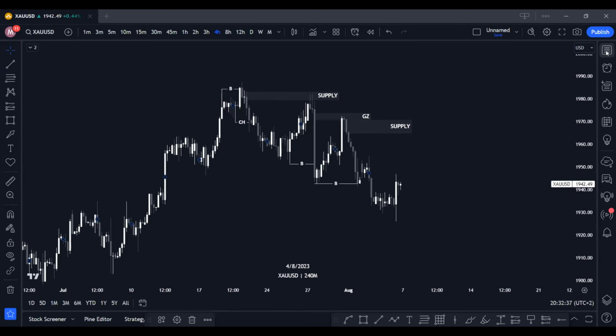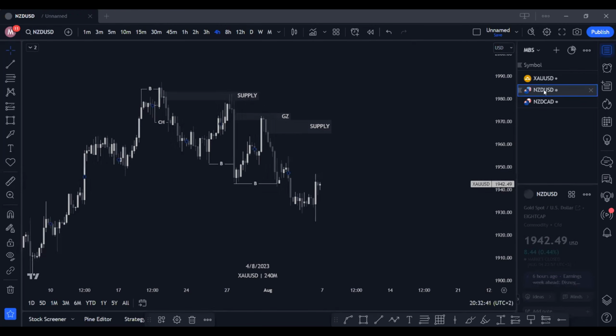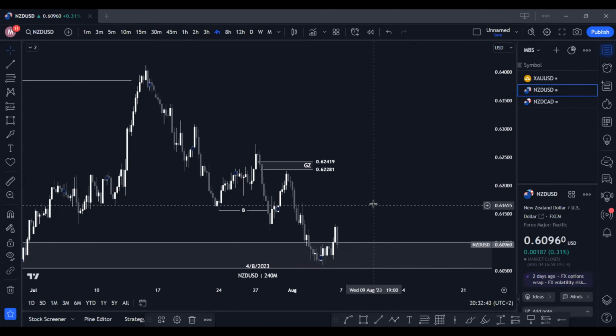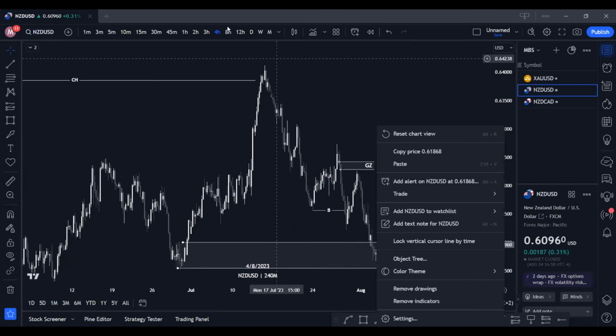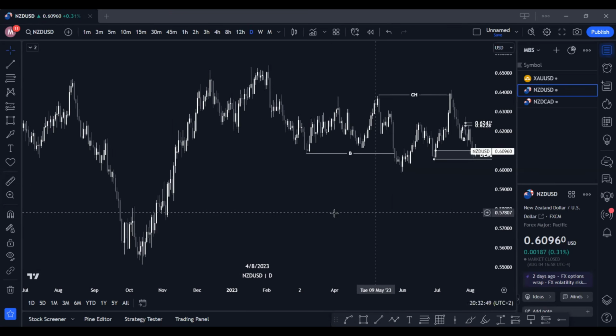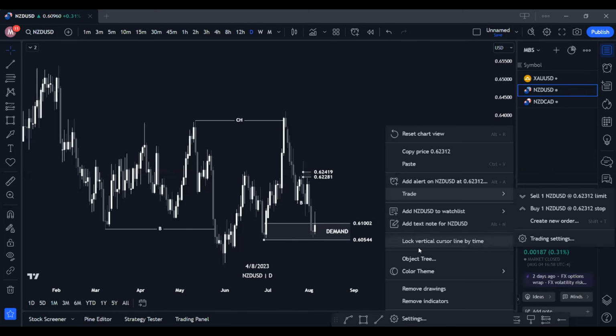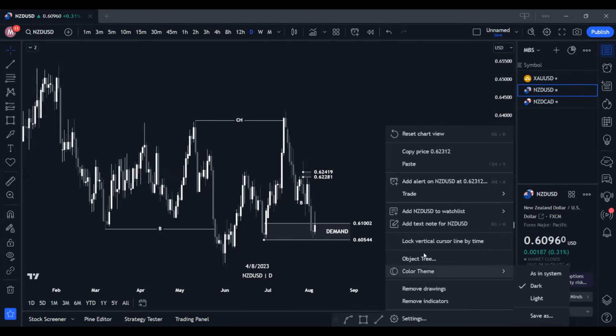Moving on to NZD-USD. On NZD-USD, this is what we have. Let's remove everything.